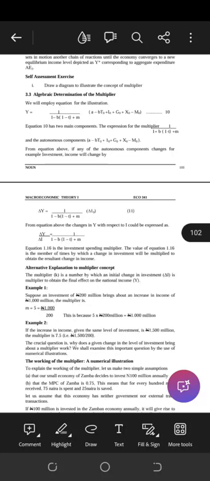1 over, the change in y over change in I, that gives you all the multipliers. Let me try to show you something. It is like you are looking for a slope, dy dx. So you have the equilibrium income in equation 10, and you differentiate dy dI.